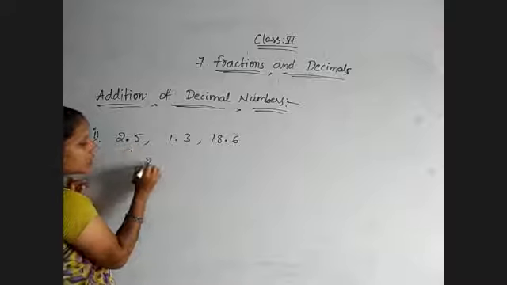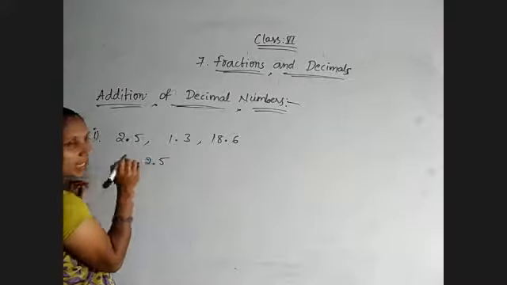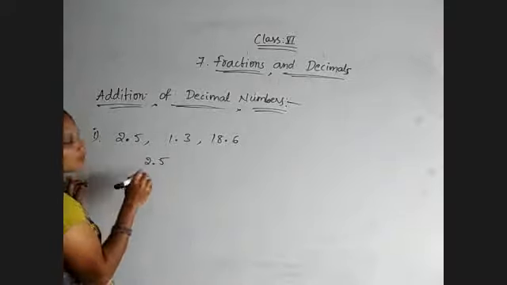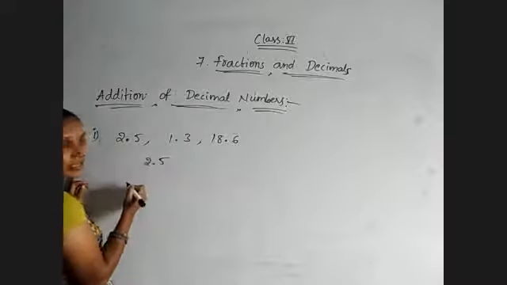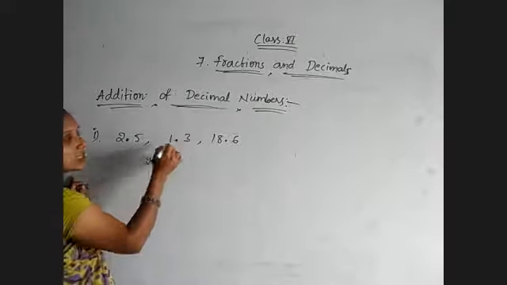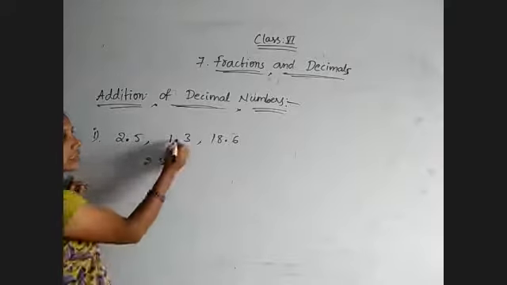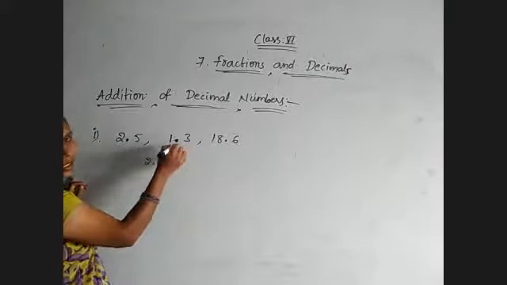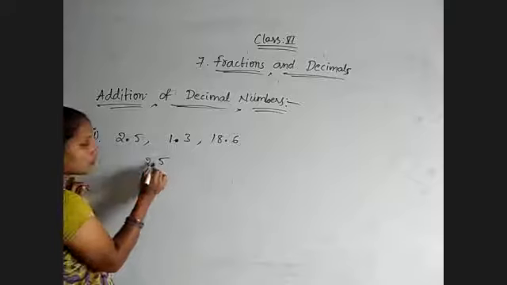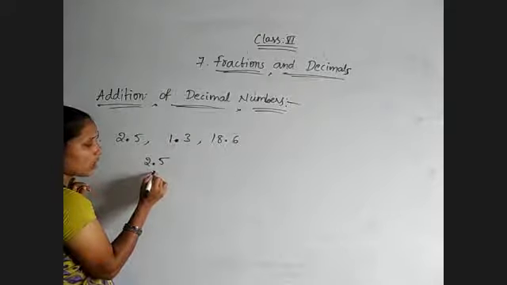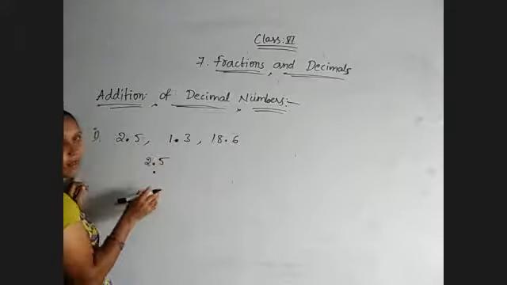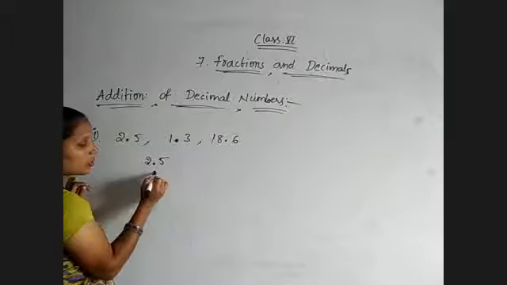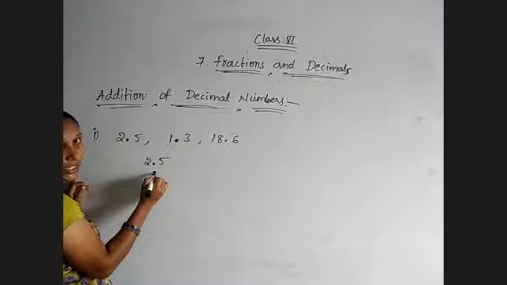First let us take the first number 2.5 and we are adding this number. Okay. 2.5. The next number you must arrange such that the decimal point of the second number comes directly below the decimal point of the first number. Means this point compulsorily you must write here only. Like that you must arrange.